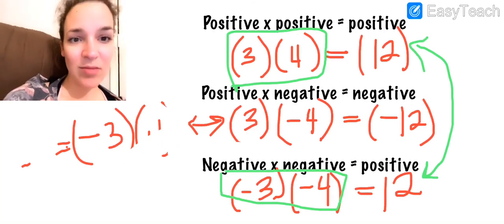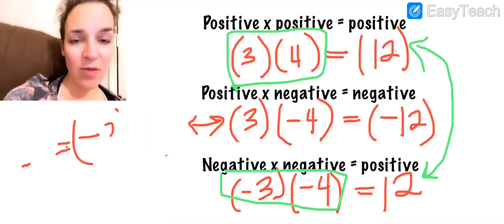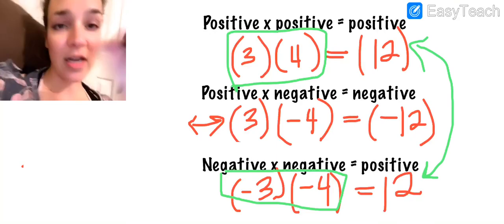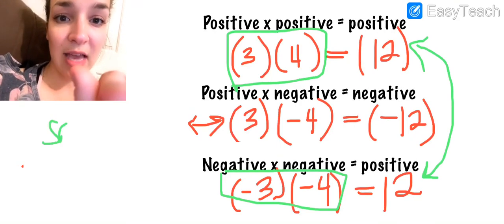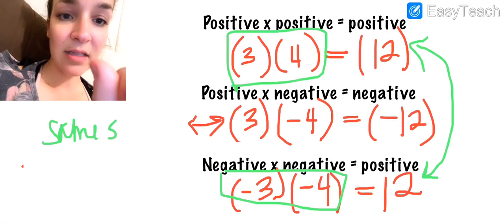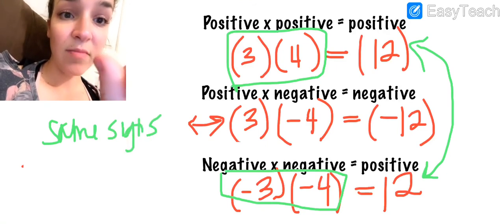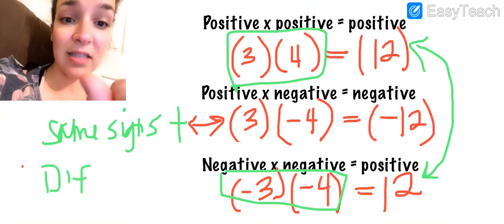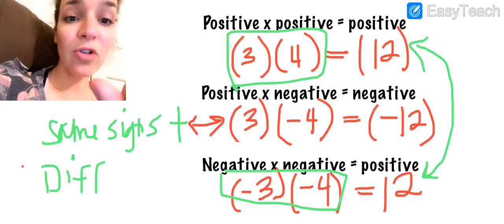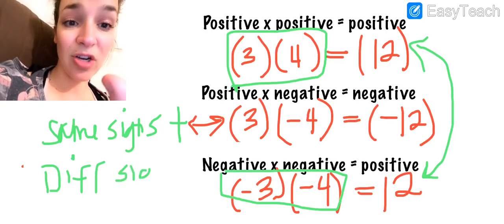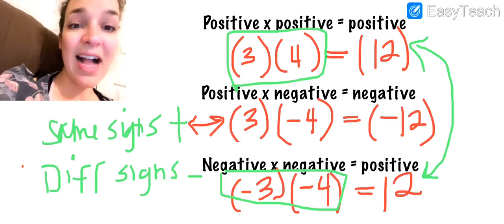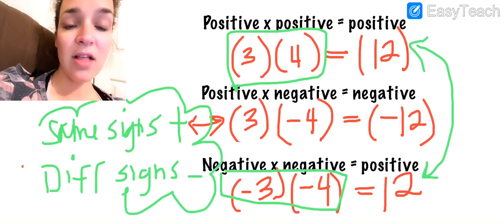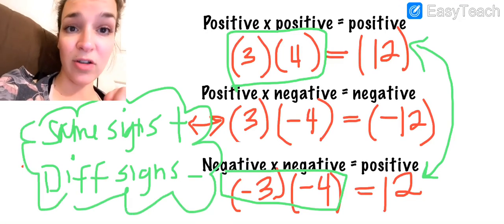So we could make some rules over here real quick, and we could say that same signs in multiplication and division mean that you're going to get a positive answer, okay? Different signs, like what we saw in the middle, those are always going to give us a negative answer. So our rules here are actually a little simpler than the rules that we use for adding and subtracting, okay? A little bit simpler, but you just have to remember that they're a little different, okay?